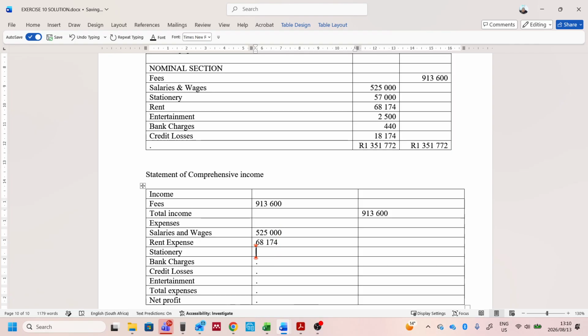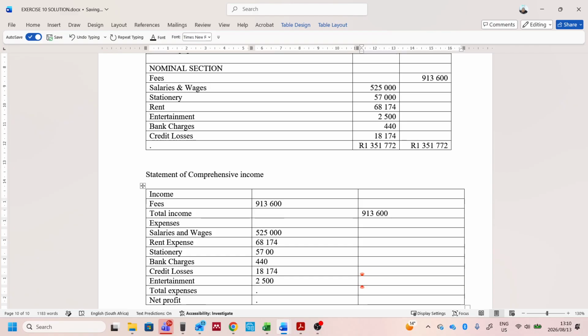Your stationery total balance from your ledgers, 57,000. Bank charges, 440. Credit losses, 18,174. Entertainment, 2,500.